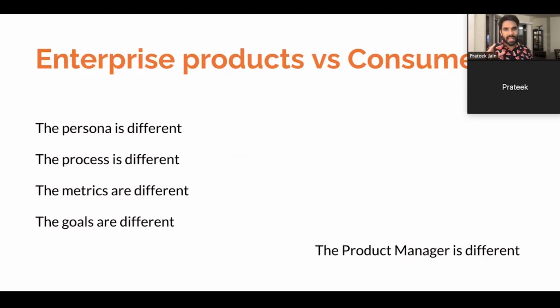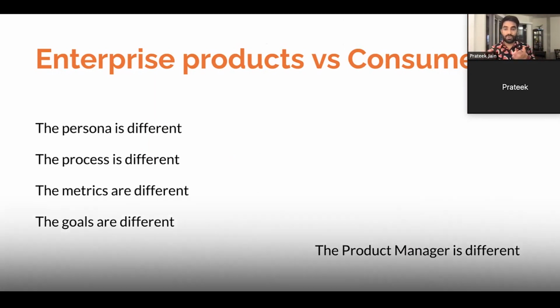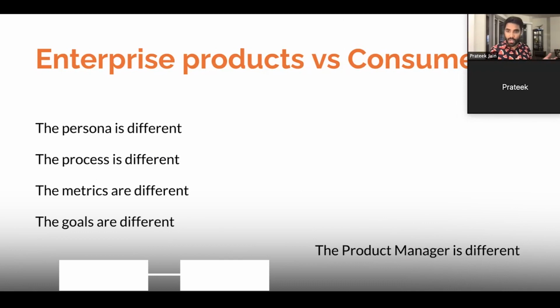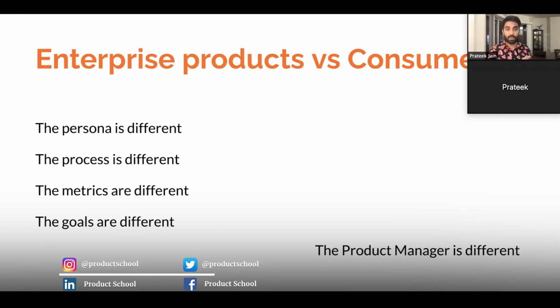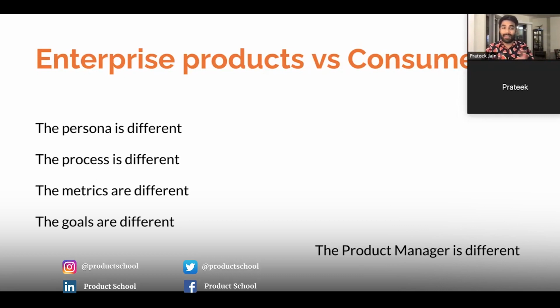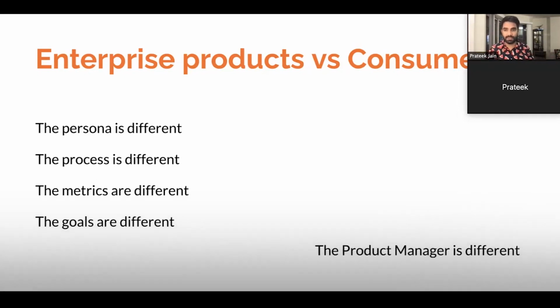What is the difference between an enterprise product versus a consumer product? Well, the persona that you're serving is different. Therefore, their problems are different, which means the way that you design and build the product has to be different. The way that you measure it, your metrics are different. And essentially, the goalpost is different.